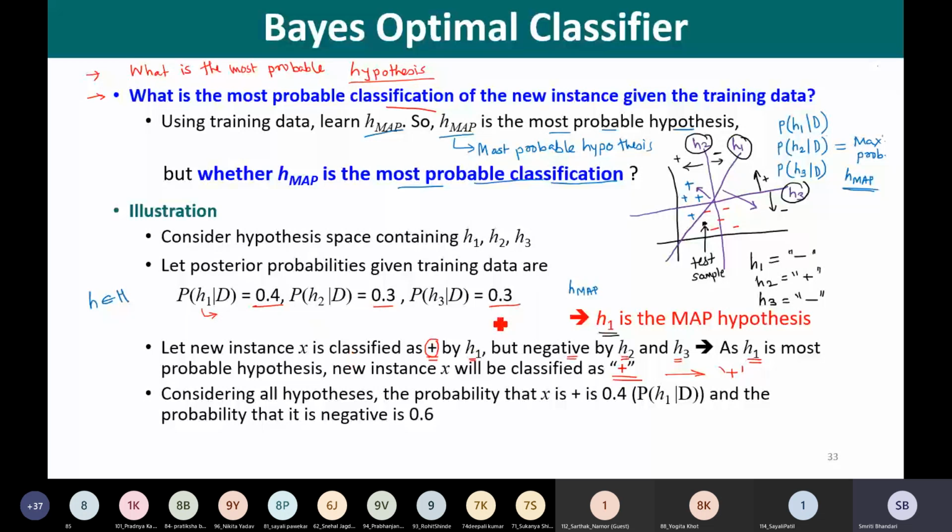That is the probability of H1 given D. But the remaining two hypotheses are classifying the test sample as negative. So the probability that the sample is negative is 0.3 plus 0.3, that is 0.6. And this is what we are now inferring. Classification here is negative, not positive.